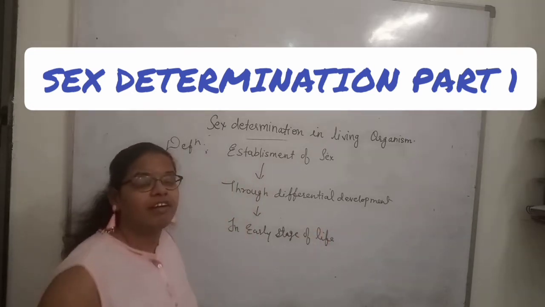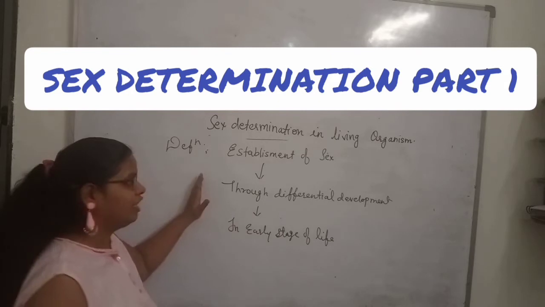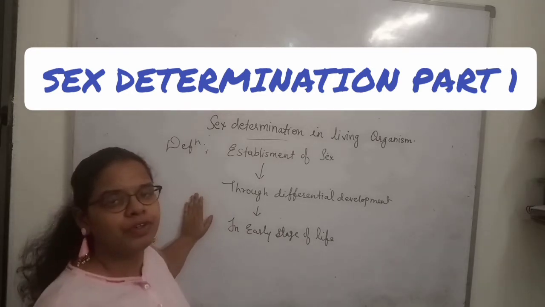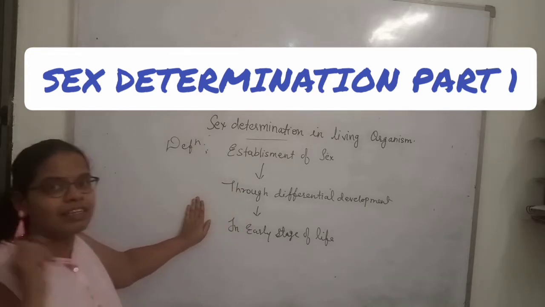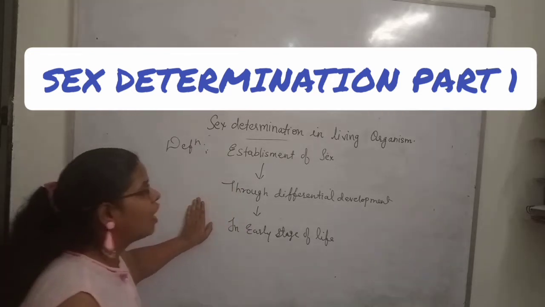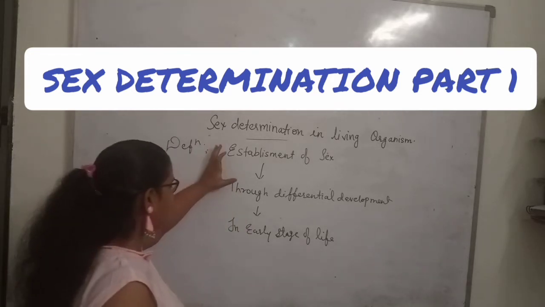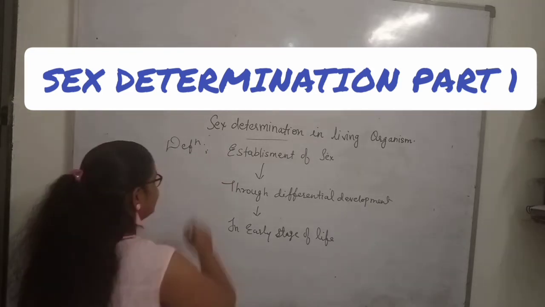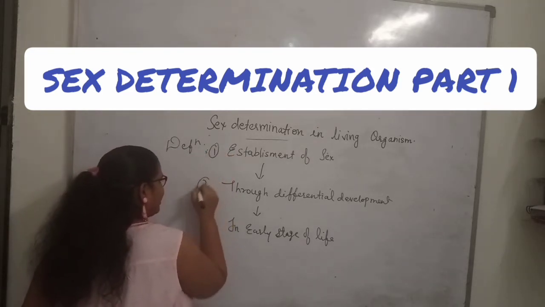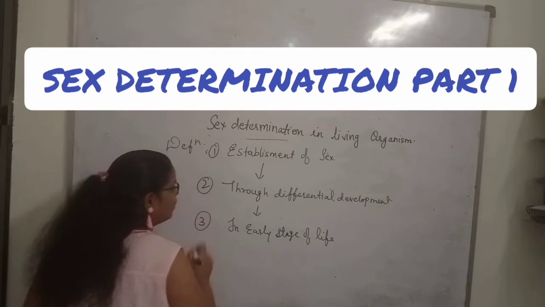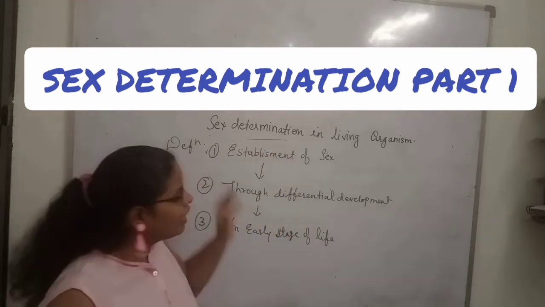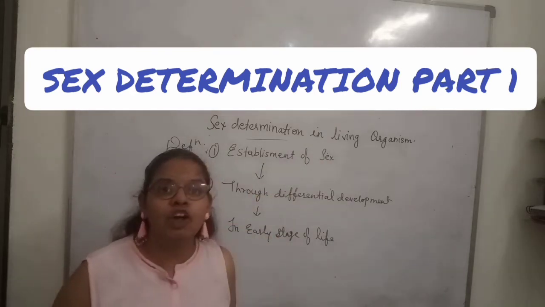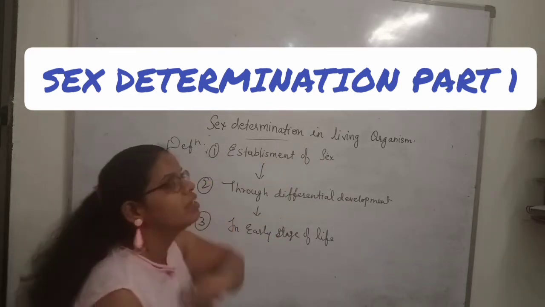Whenever you learn by heart any definition, the first thing you should remember is that the definition should be as it is in the textbook. And if you want to learn the definition by heart, this is a very short trick. You have to divide the definition into parts and understand the meaning of each part. What is sex determination?